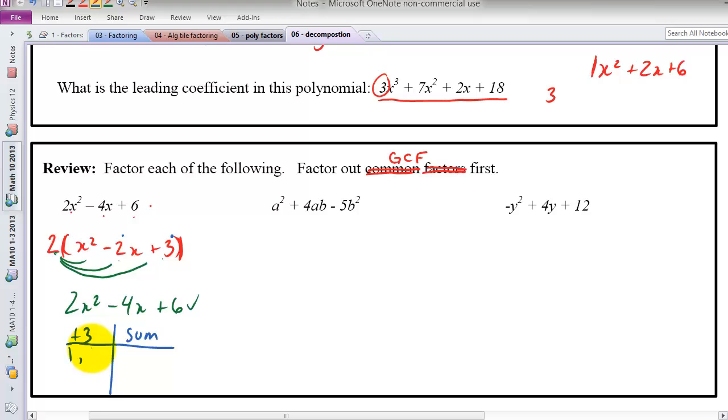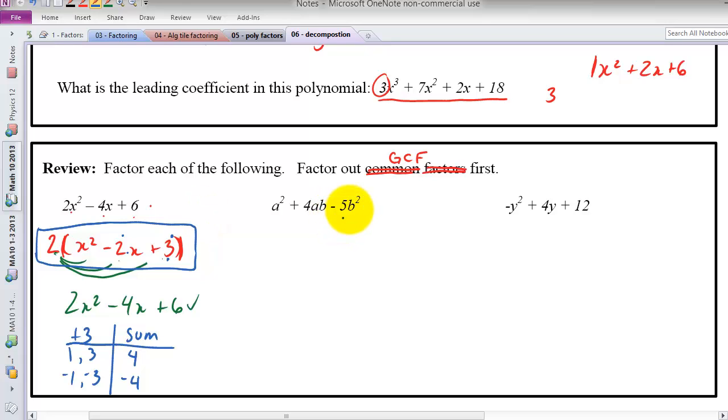To get positive 3, it's either 3 times 1 or negative 1 times negative 3. You add up those two terms, you get 4. You add up these two terms, you get negative 4. You can see there are no two numbers that when multiplied give 3 and when added give negative 2. So this is actually the final answer. This is as well as you can factor it. You cannot factor that one anymore.